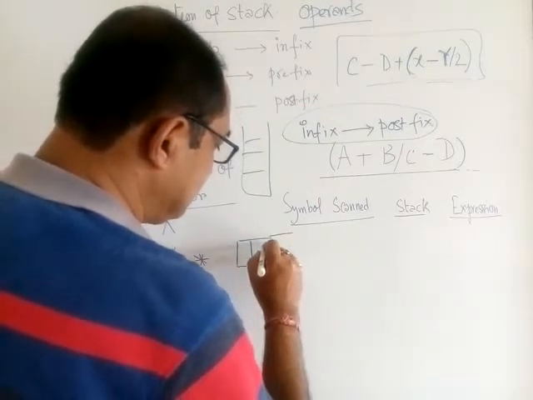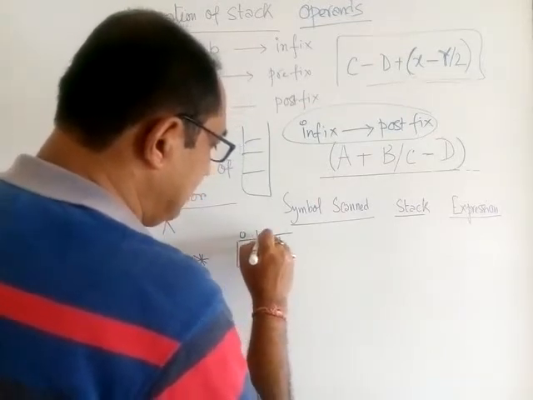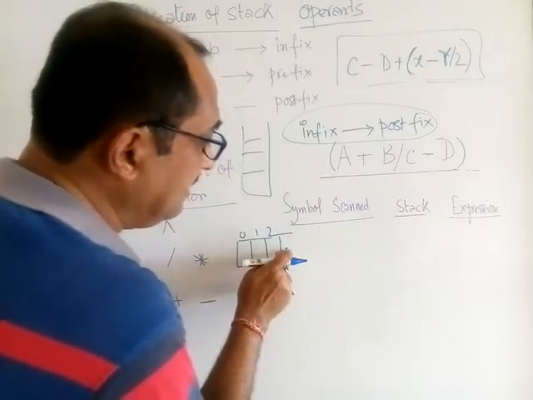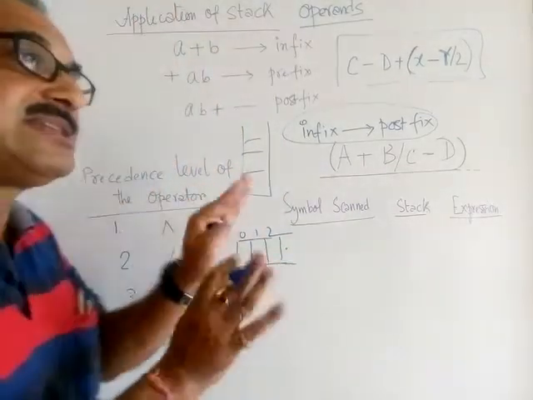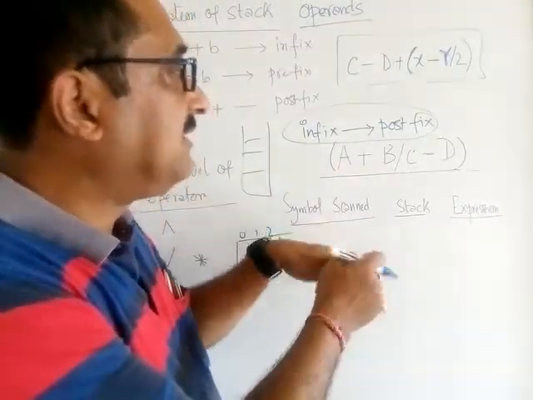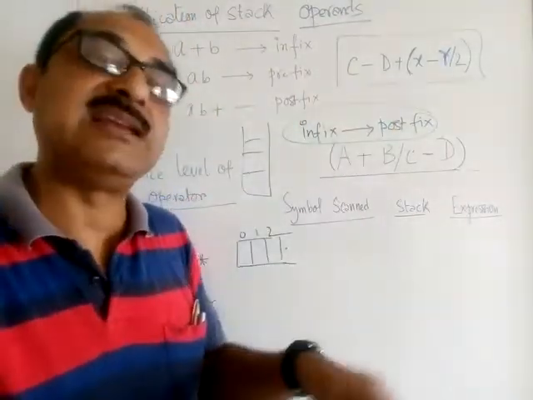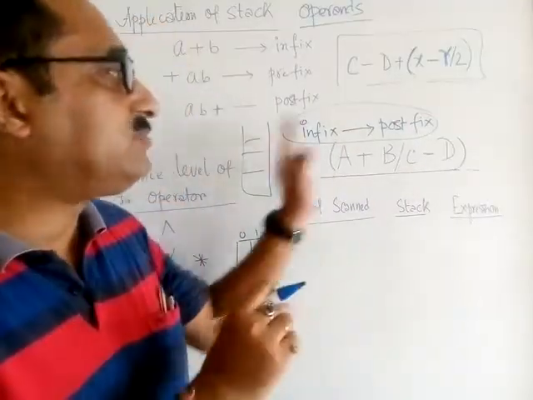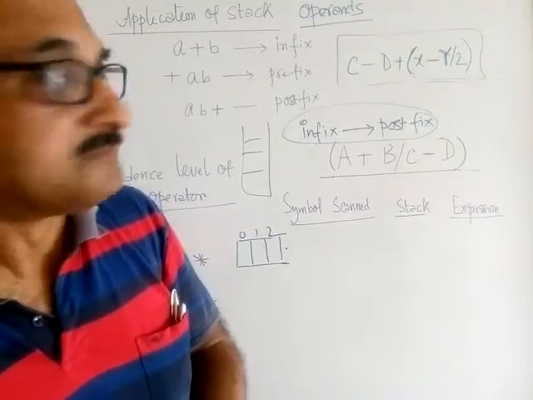This will be my 0th cell, first cell, second cell, like this. So we can say this is my open end of the stack. So this kind of stack concept or stack diagram, if we use, then this conversion becomes slightly easier for us. That is what is there in your syllabus, and that is what we are going to learn today.